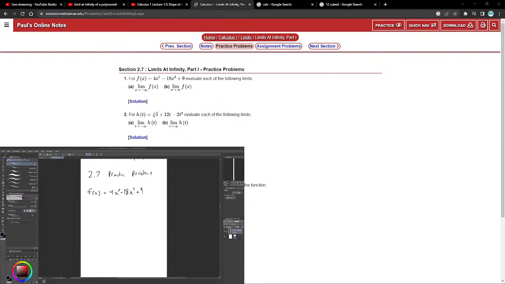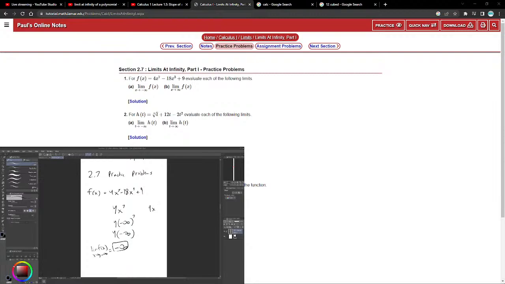Negative infinity. You only care about the 4x to the power of 7. 4 times negative infinity to the power 7. It's odd, so the negative stays. Negative infinity. The limit of f of x as x approaches negative infinity is negative infinity.